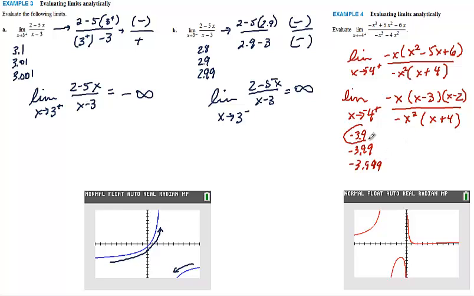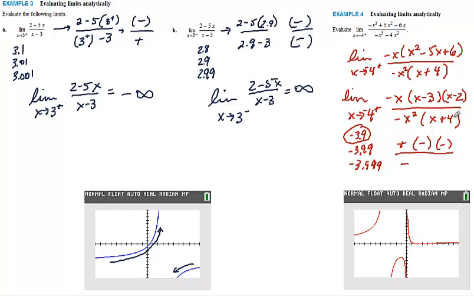So let's just say I plug in this negative 3.9. If I plug that in, this first term is a positive. This next term is negative 3.9 minus 3. That would be a negative. Negative 3.9 minus the 2, that's another negative. All over. A negative times a negative is going to be a positive, but then we're multiplying it by this negative.